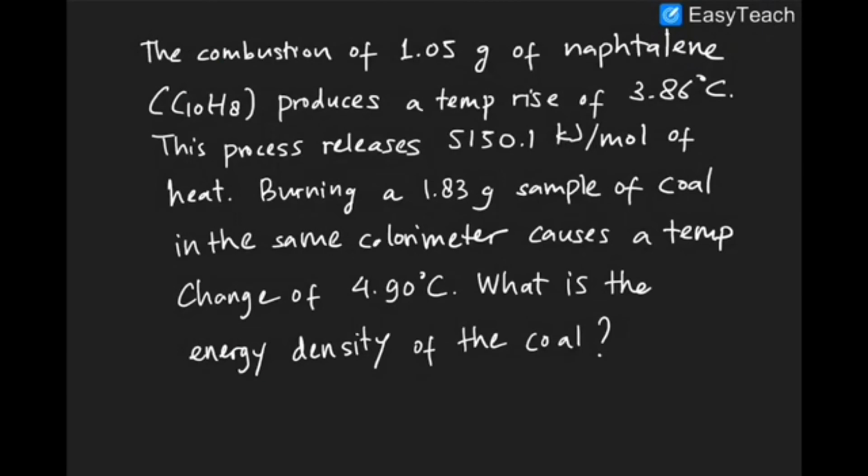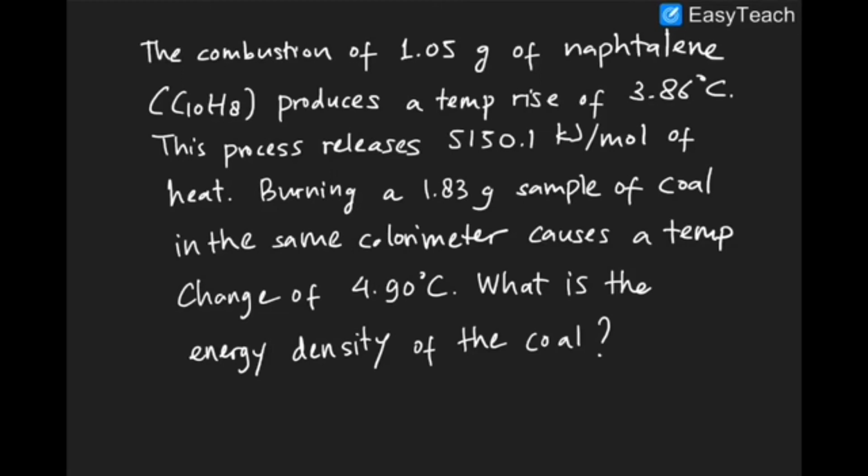To understand better the concept of calorimeter and calorimetry, let's try to solve this problem. The combustion of 1.05 gram of naphthalene, C10H8, produces a temperature rise of 3.86 degrees Celsius. This process releases 5,150.1 kilojoule per mole of heat.